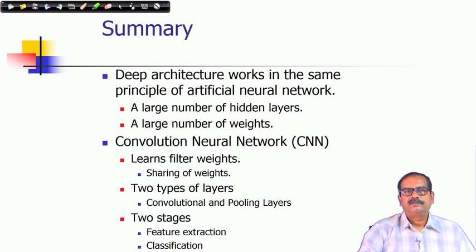One very popular deep architecture is the convolutional neural network, because it can learn filter weights and share those weights. There are 2 types of layers usually: convolutional layers and pooling layers for feature description. There are 2 stages involved: feature extraction and classification, and in the classification stage we usually use fully connected neural networks.